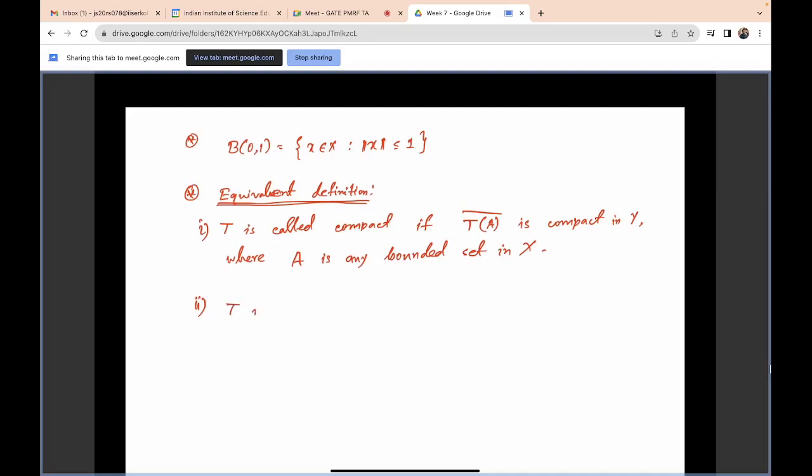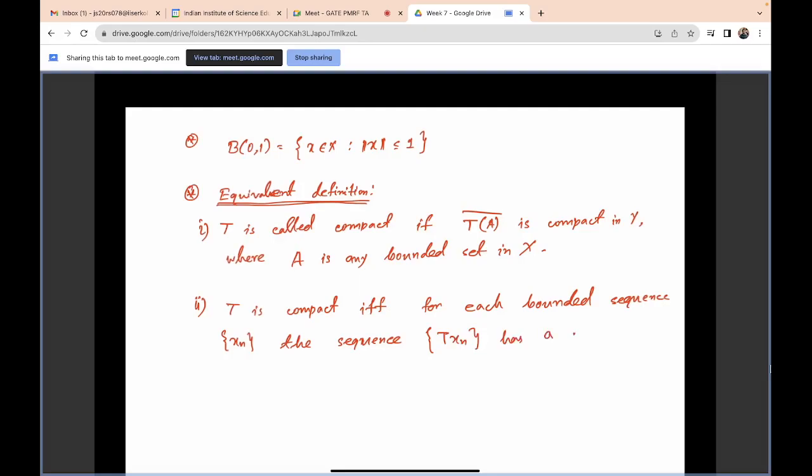So T is compact if and only if for each bounded sequence x_n, the sequence T of x_n has a convergent subsequence.